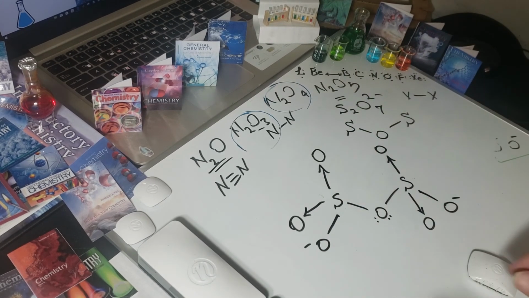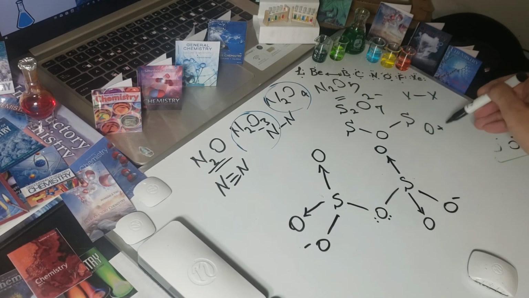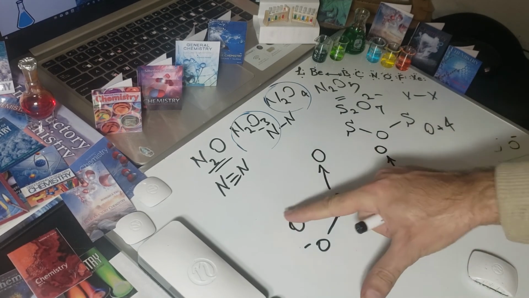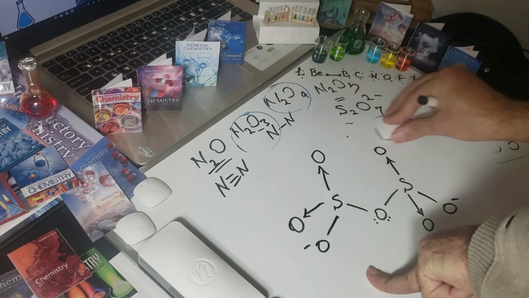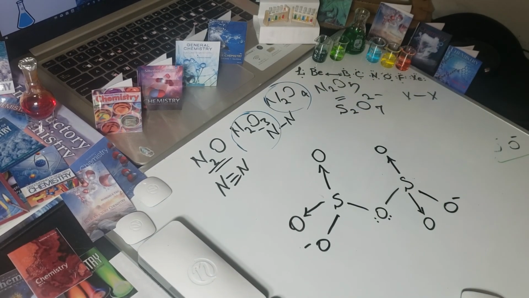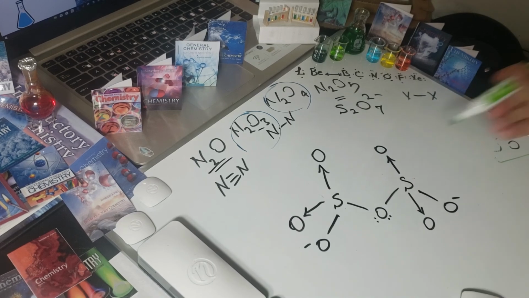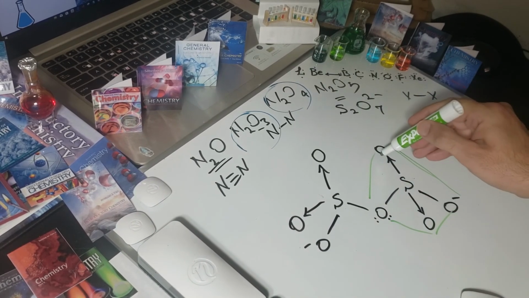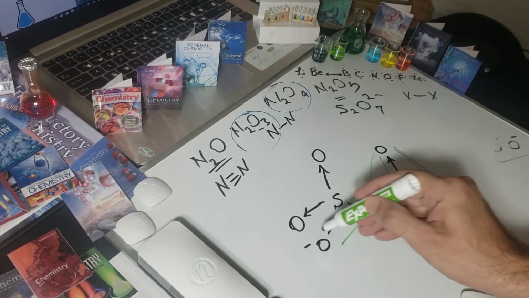On both sulfurs I have 0 lone pairs plus 4 surrounding atoms, 1, 2, 3, 4 around this, and 1, 2, 3, 4 around this. Just get rid of this central moiety on the top. That's the tetrahedral framework. So 2 tetrahedral frameworks joined with an oxygen through the center. Okay, so that's what you have.